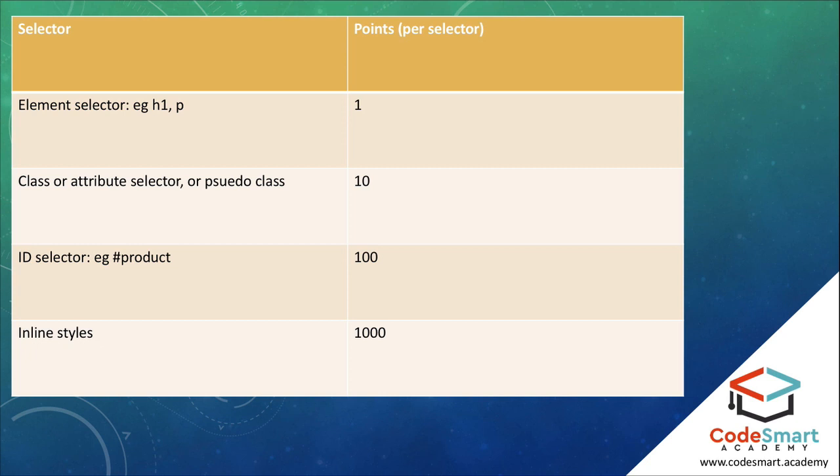On the second row, a class or an attribute, or even a pseudo class, which we've already seen, counts for 10 points. On the third row, we see that an ID selector, such as the product ID, which we've already used, is worth 100 points. Then we see at the bottom 1000 points is for the inline styles. This is when we add the style attribute to an HTML element.